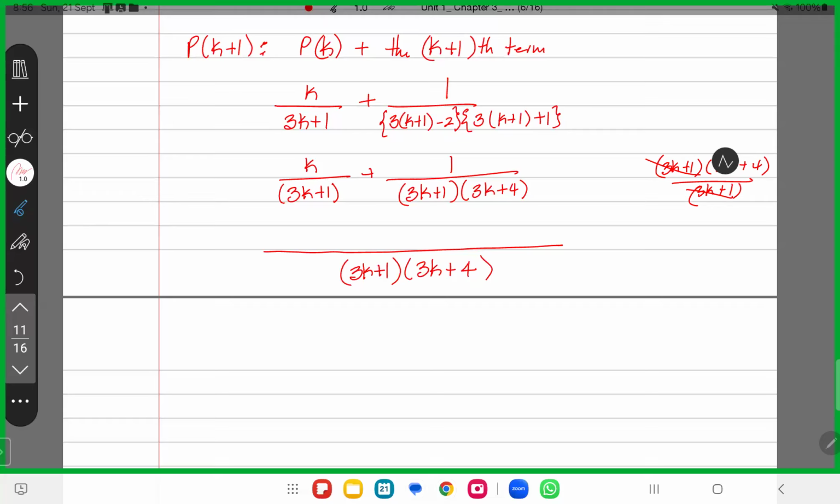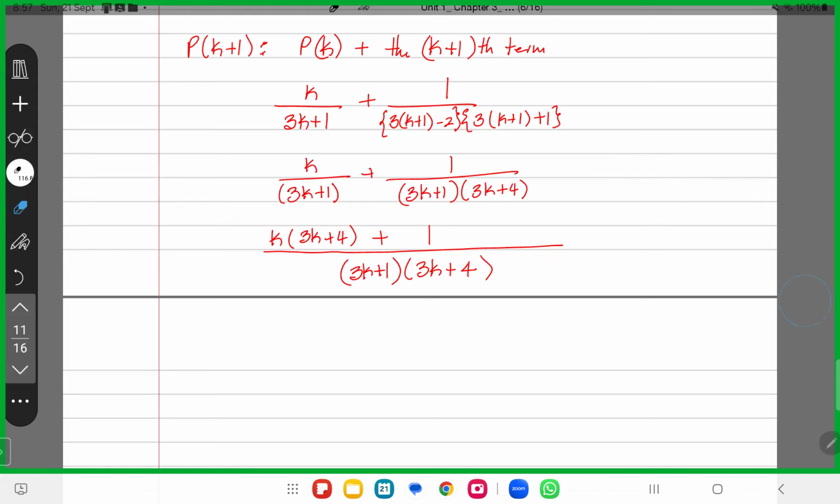I'm going to multiply the 3k plus 4 now by the numerator, which is k. So it's k times 3k plus 4, plus 3k plus 1 multiplied by 3k plus 4 divided by 3k plus 1 multiplied by 3k plus 4 is 1. Everything goes into itself one time. 1 times 1 is 1.